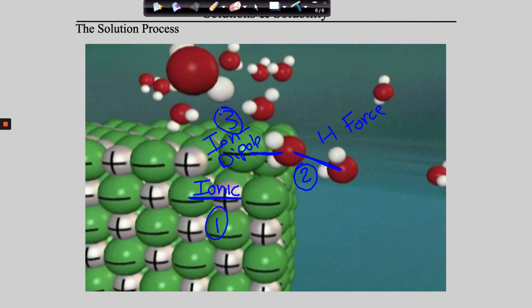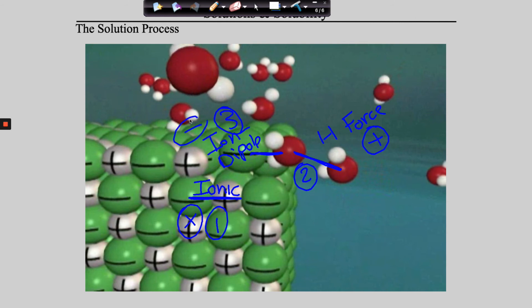So guys, breaking ionic bonds is positive. Then guys, what about breaking the hydrogen forces in the water? Also positive. Energy is going in here because those are breaking. But what about the ion dipole forces? Are they forming or breaking? They are forming. As a result, when bonds form, what happens to energy? Energy is released. So what is the sign?